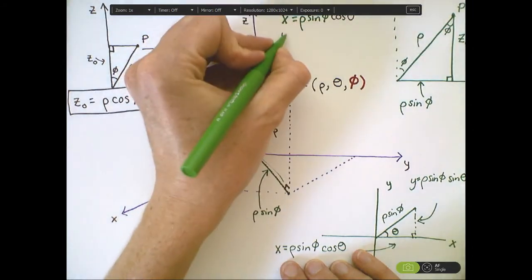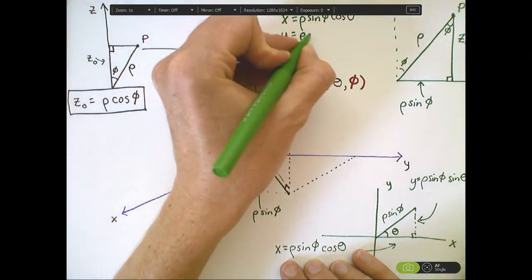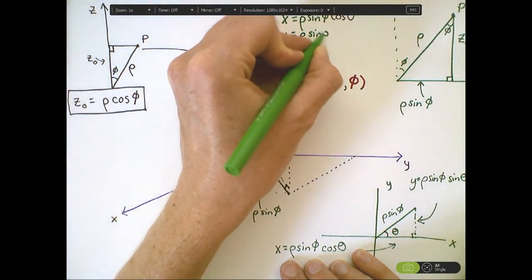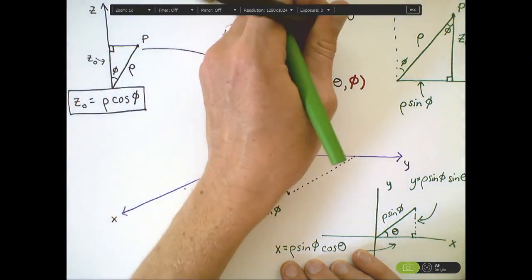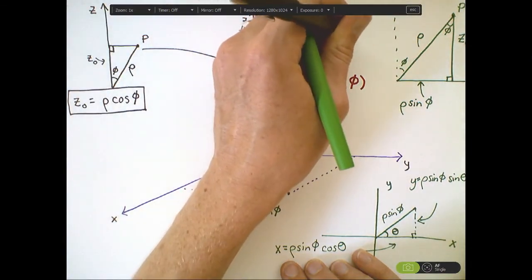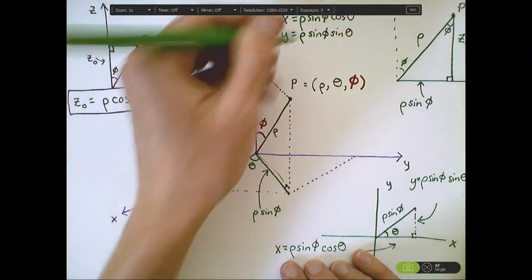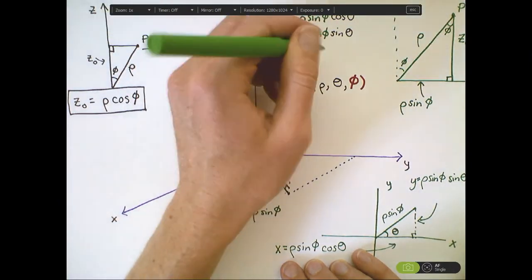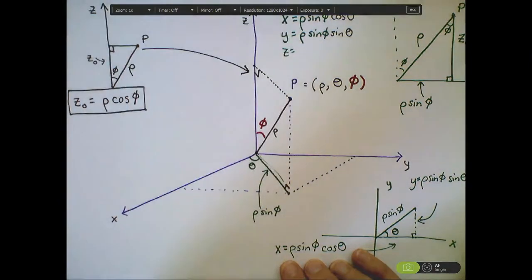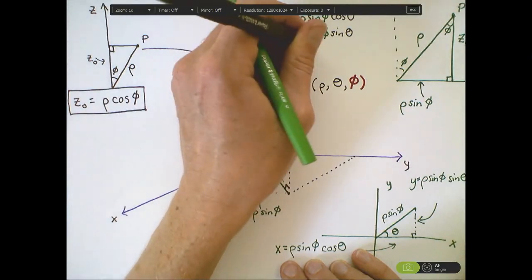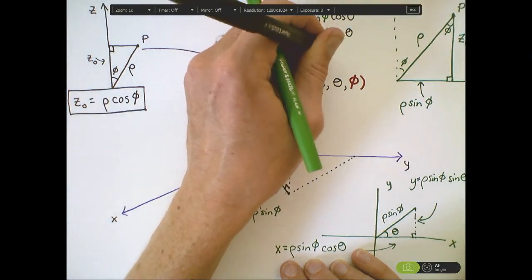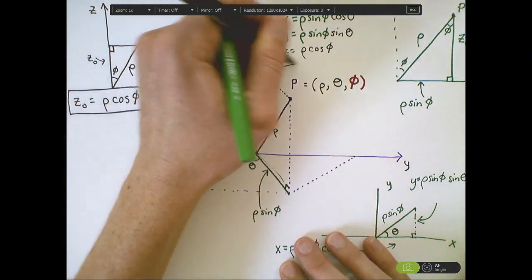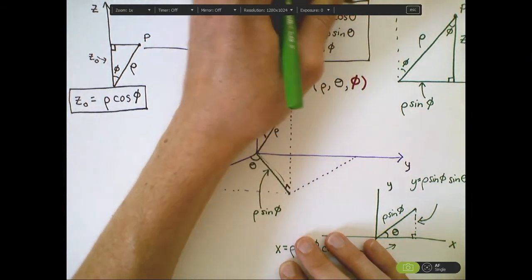My y coordinate is going to be given by rho sine phi times the sine of theta. And the z coordinate is just going to be rho cosine of phi.